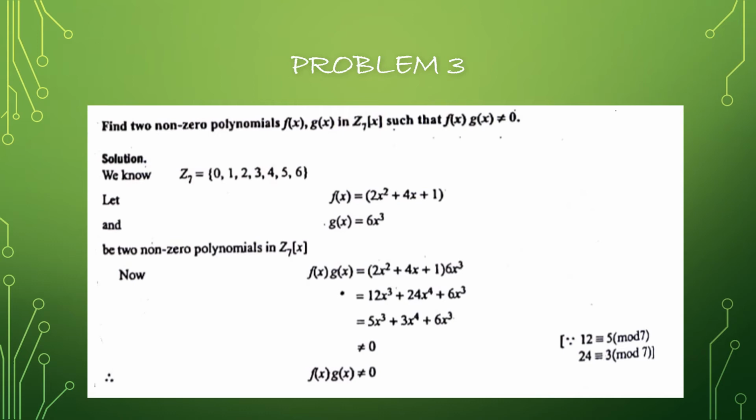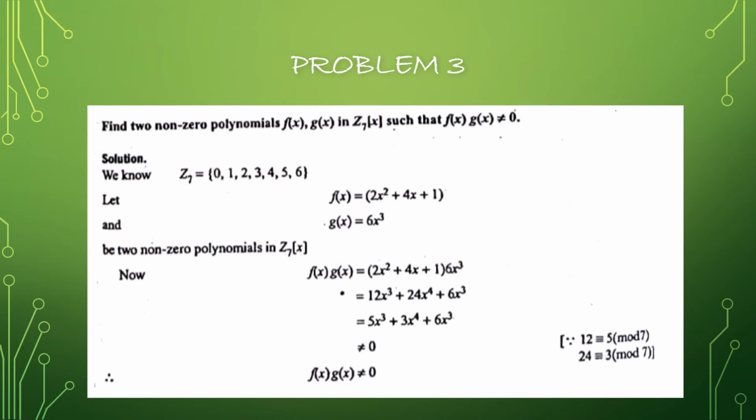If I multiply these two, I'll land up with 12x cube plus 24x power 4 plus 6x cube. So now x cube, I cannot separate x cube, right? So it's going to be an odd power. And also 12, if I divide by 7, yes, it is not perfectly divisible. In fact, it goes one time and the remainder is 5.